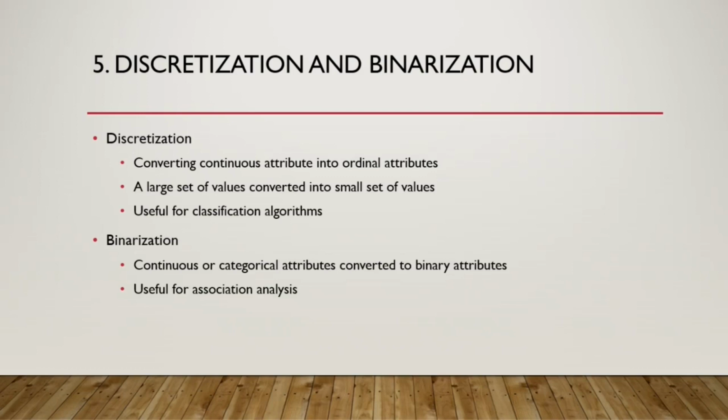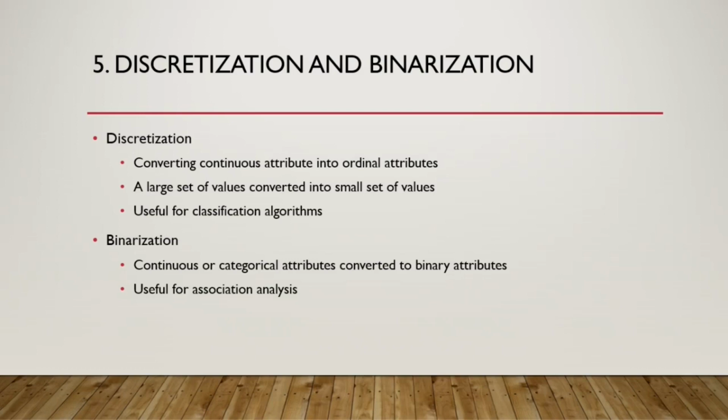So when I am converting a continuous attribute into an ordinal attribute, maybe I am giving the name as, okay, when the age group is from 0 to 10, it is one group, age 10 to 20 another group, 20 to 30 another group, 30 to 40 another group, like that. So a large set of values is converted into a small set of values.